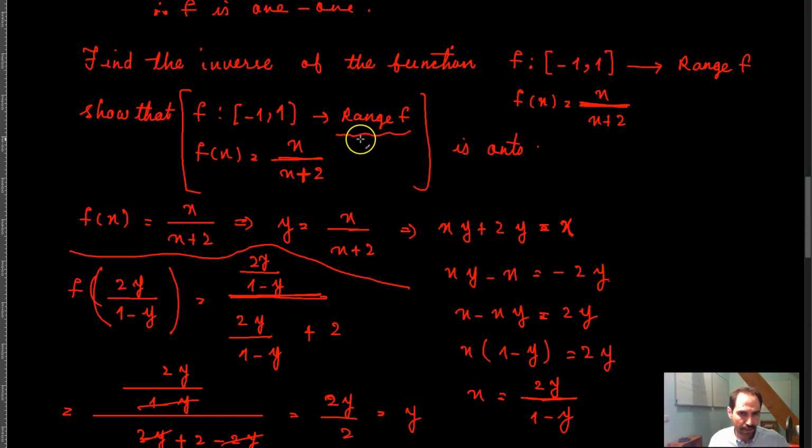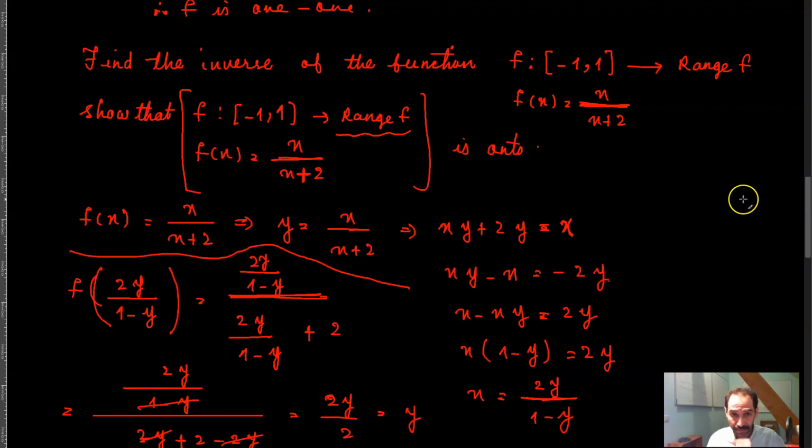If it is present, then the function under these conditions is not onto, otherwise it is onto. Which means that now I'm simply going to test what is the range of this function under these conditions.